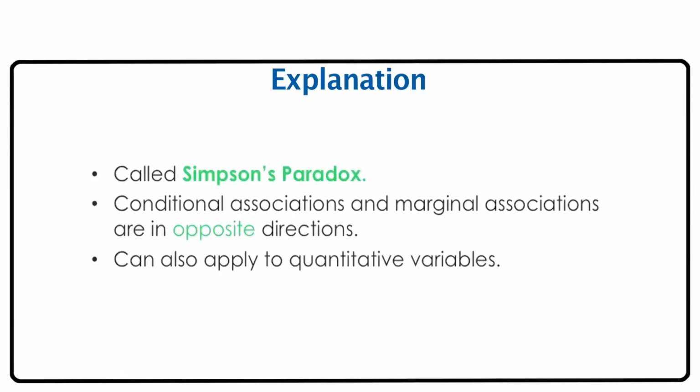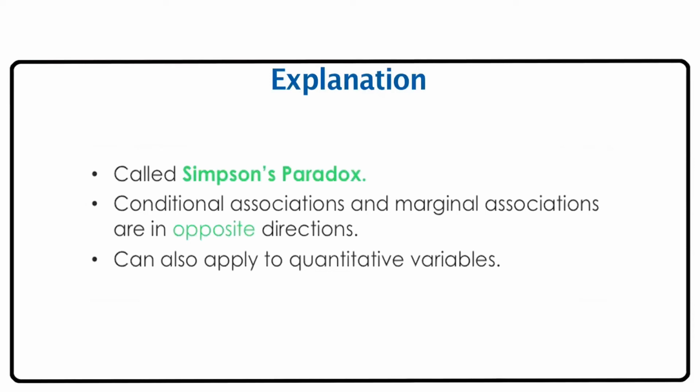So again, to recall, this phenomenon is called Simpson's paradox. The definition of Simpson's paradox is that conditional associations and marginal associations are in opposite directions. In this case, we have seen Simpson's paradox applied to the case of 3 binary variables, but more generally, Simpson's paradox can apply for any kind of variables, and in particular to the case where we have quantitative variables.